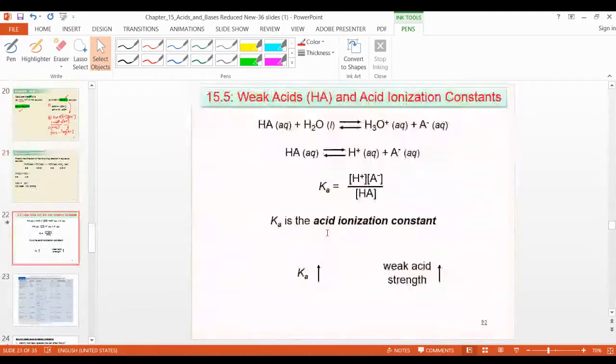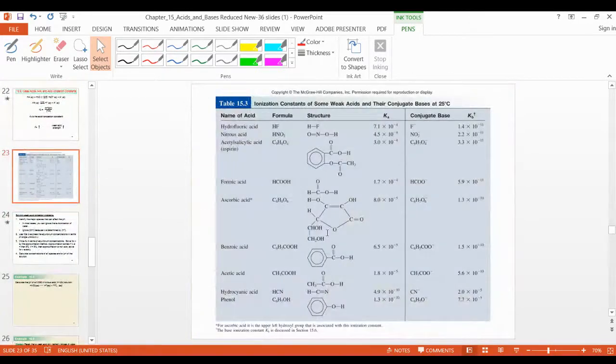And another is HCN, hydrocyanic acid, that is 4.9 times 10 to the power minus 10. Right?